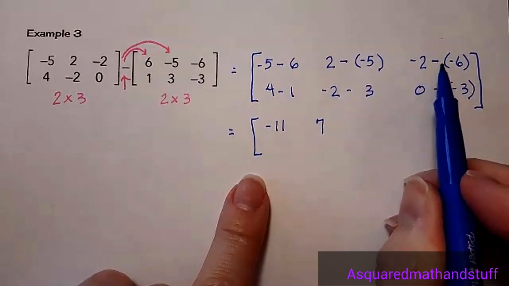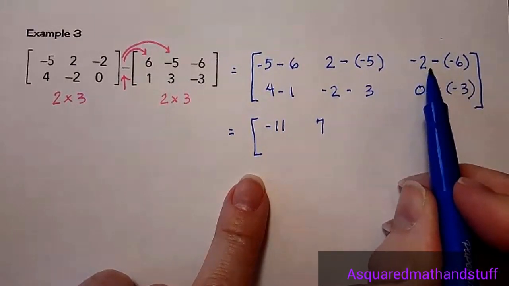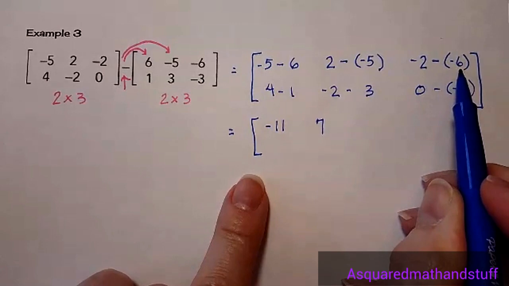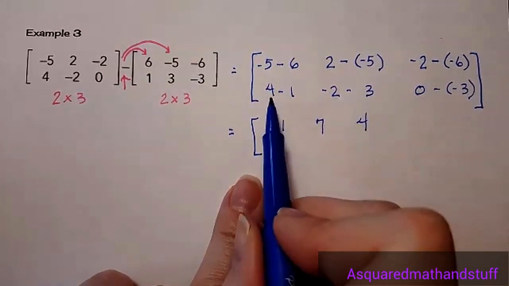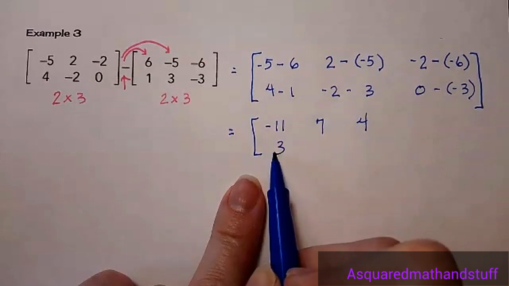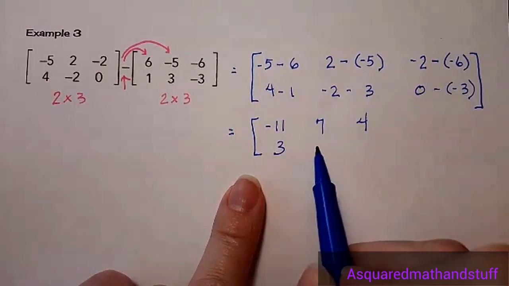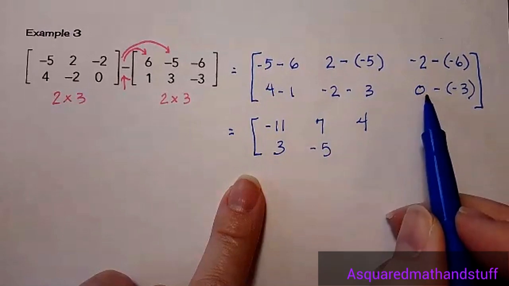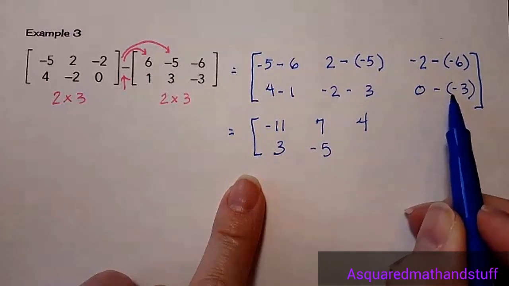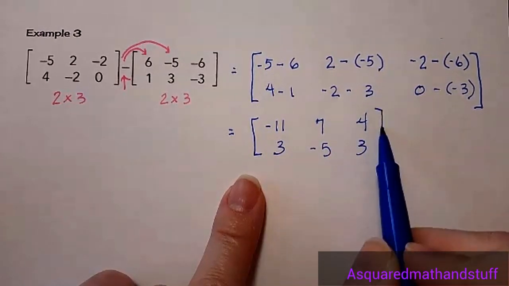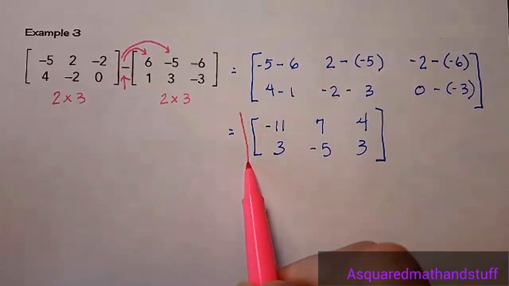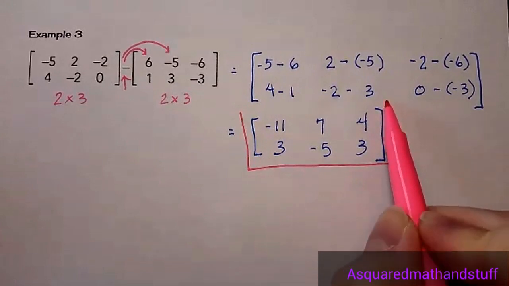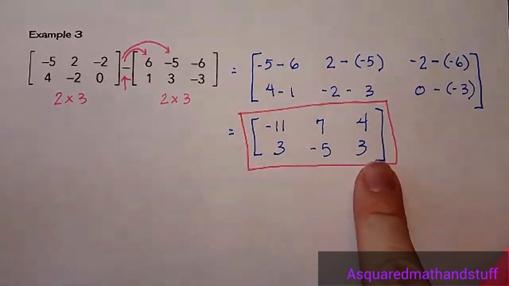And then we have -2 minus -6, or -2 plus 6, which gives us 4. 4 minus 1 is 3. -2 minus 3 is -5. And then finally, 0 minus a -3 gives us a +3. So that would be our final matrix. And that is a 2 by 3 matrix as well, so we know we did that right for the dimensions.